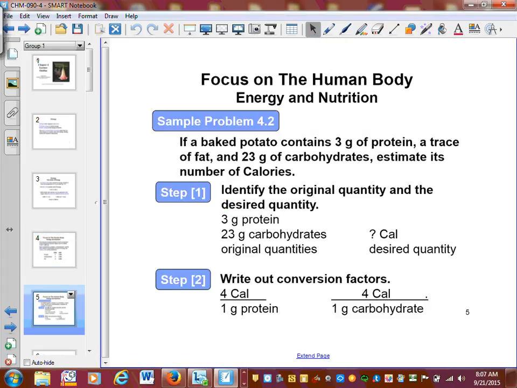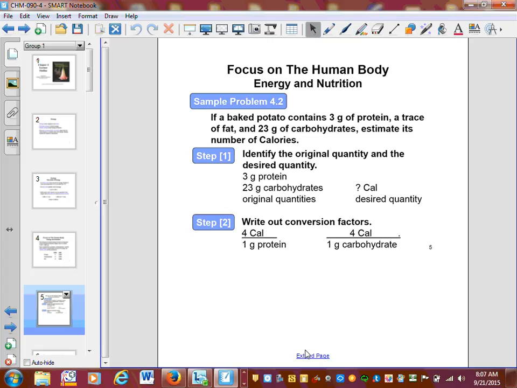So, if we're going to eat a baked potato, it contains 3 grams of protein, a trace of fat, 23 grams of carbohydrates. Estimate its number of calories, nutritional calories. Well, we have 3 grams of protein, 23 grams of carbohydrates. 1 gram of protein is 4 calories, and we have 3 grams. So we have 3 grams of protein times 4 calories per gram.